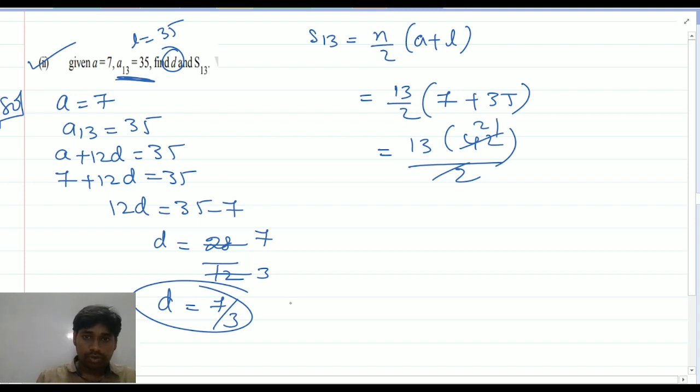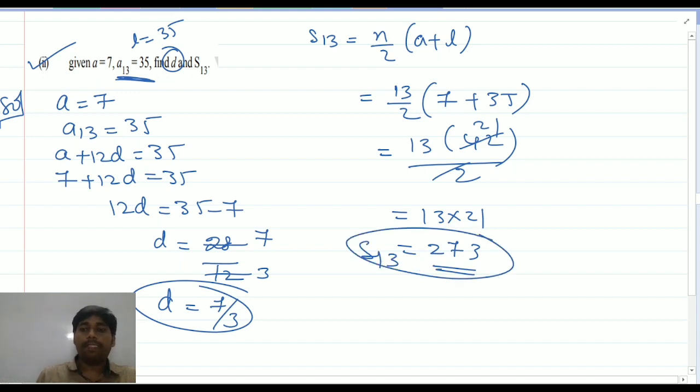Okay, so if you multiply 13 into 21, it is equal to 273. I hope it's clear. Next question.